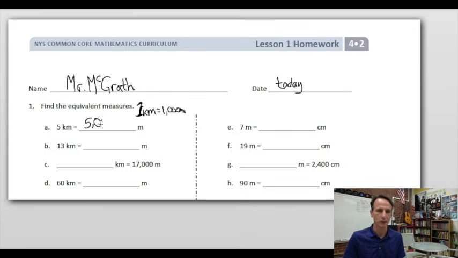Okay, good. Now you see we're going to cruise through these. Now we understand what we're doing. And then the 13 kilometers will be 13 times as much as this right here, as our standard conversion. So 13 kilometers, 13,000 meters. Not so bad, huh?